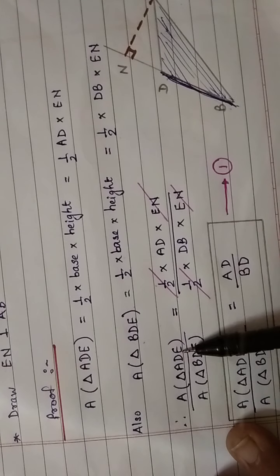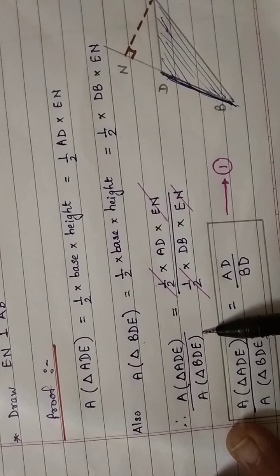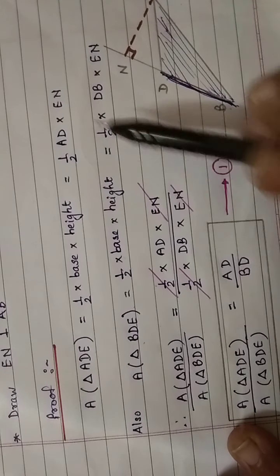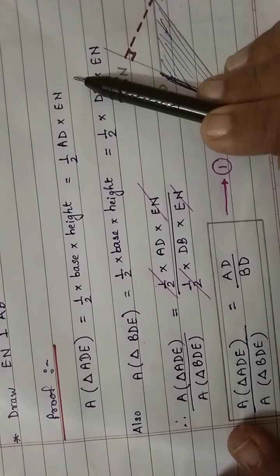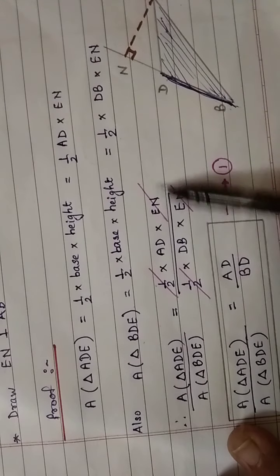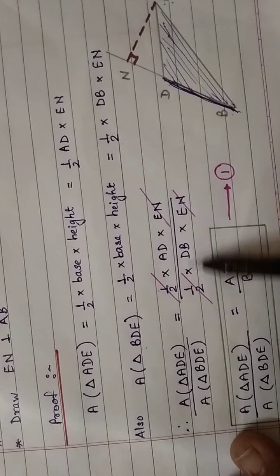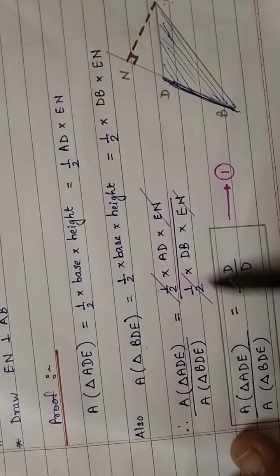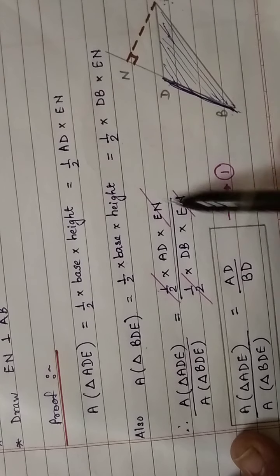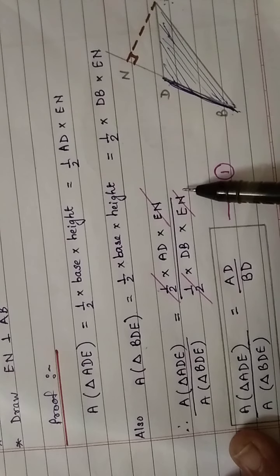So area of ADE upon area of BDE. Now see this answer: half AD into EN upon half DB into EN. Half and half get cancelled. EN is a common term, so it gets cancelled.